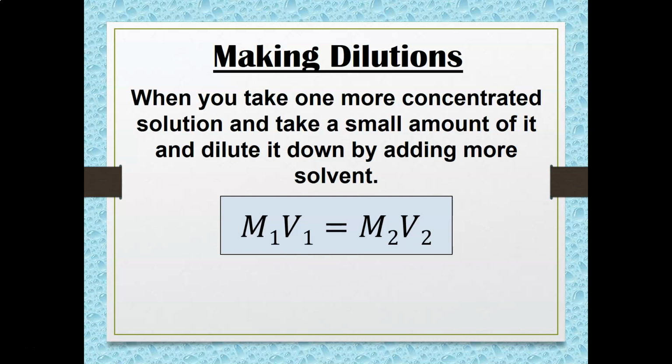The molarity of the strong stuff times the volume that you need to use is going to equal the molarity of the weaker, more diluted stuff times the volume that you need when you're finished. So I'm going to be able to figure out how much of the strong stuff I need in order to water it down to the one that I'm actually interested in. So let's look at a practice problem.